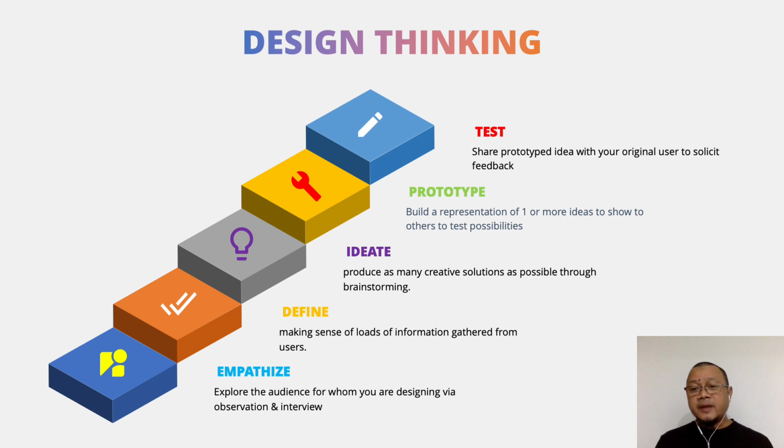Then, once we have all the information gathered via those 2 techniques, we have to define that information, we have to put meaning to it and make sense of it from the user's point of view so that we can use it to better understand users' needs and wants.